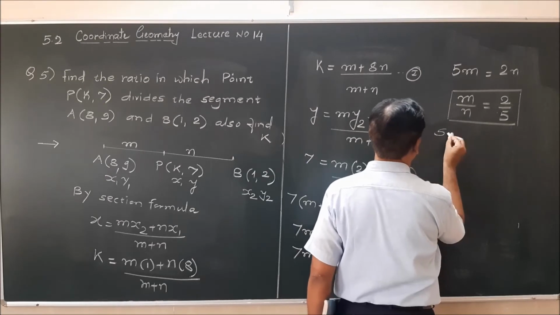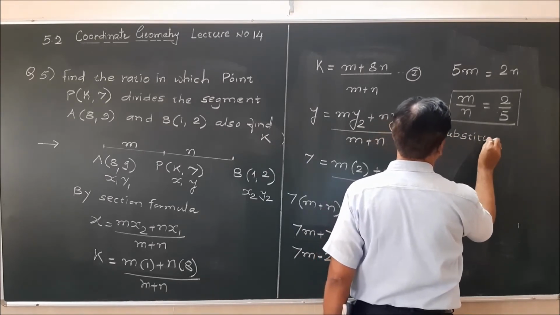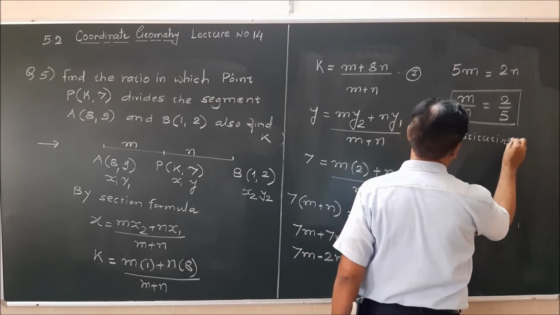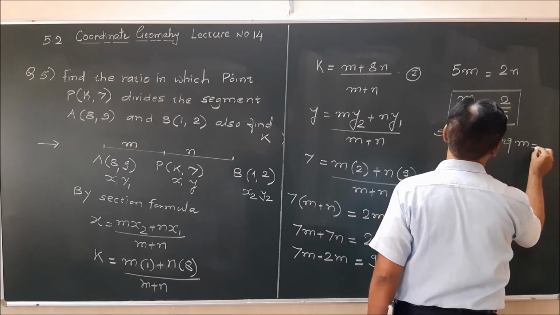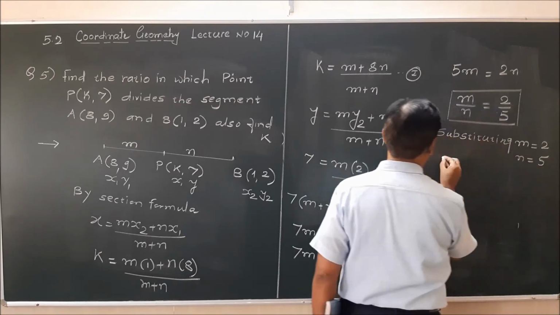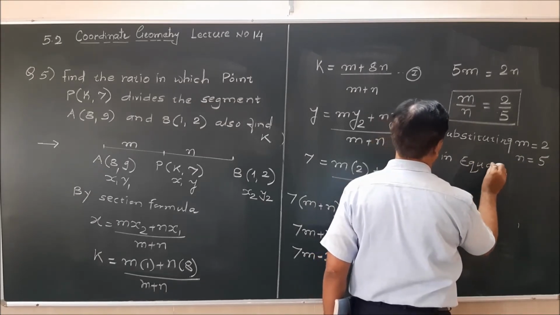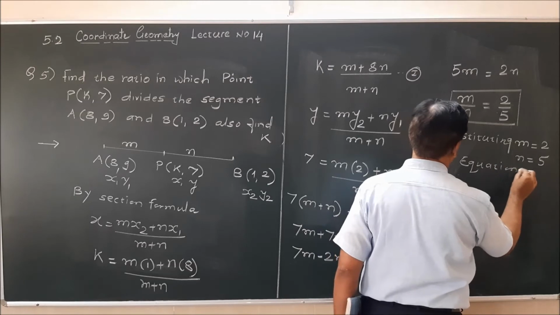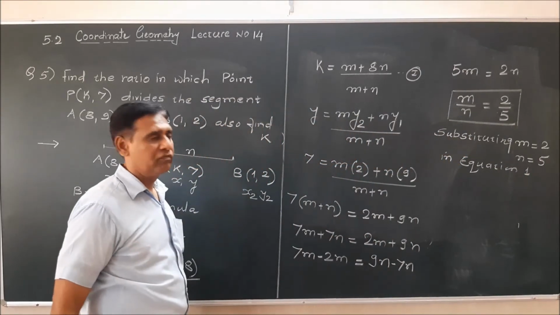Substituting m is equal to 2, n is equal to 5 in equation 1 to obtain the value of k.